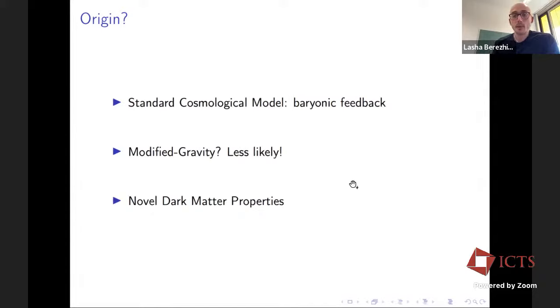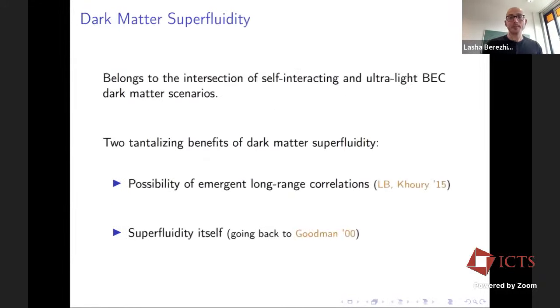Okay? So since I'm incapable of studying baryonic processes in the CDM numerically, I'm going to go with the third way and ask the question we've been investigating: whether we could think of some new features of dark matter that would explain some short-scale behavior or ameliorate some of the puzzles.